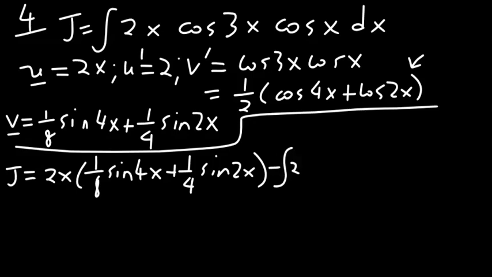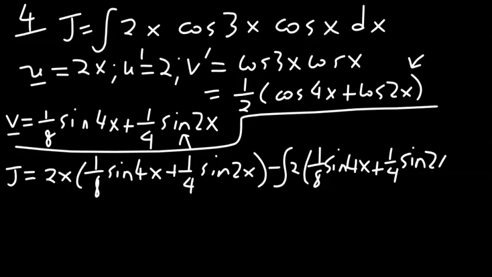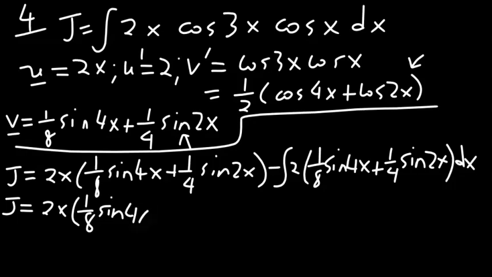Your v is this entire thing, which is 1 over 8 sine 4x plus 1 over 4 sine 2x, dx. So let's write down all the terms. J equals 2x times 1 over 8 sine 4x plus 1 over 4 sine 2x.